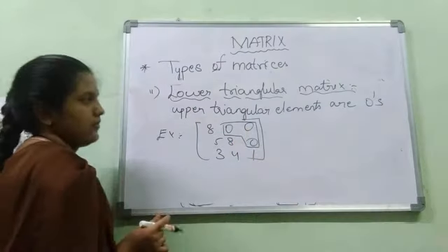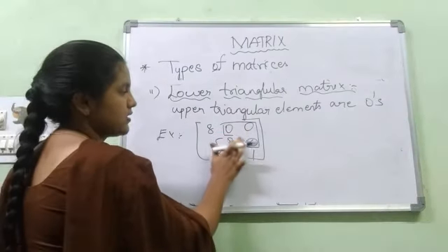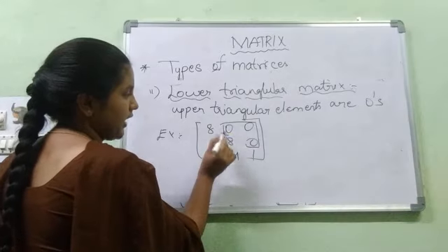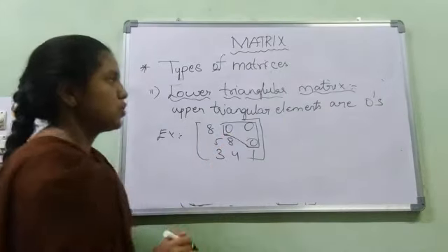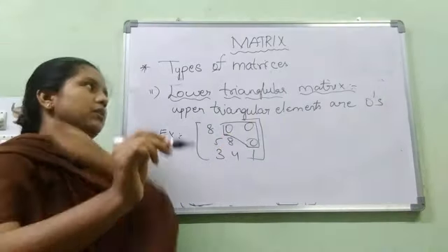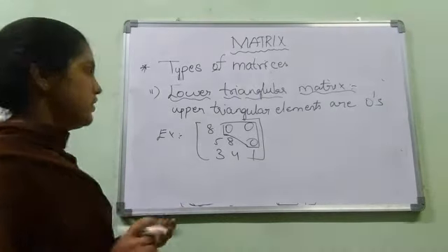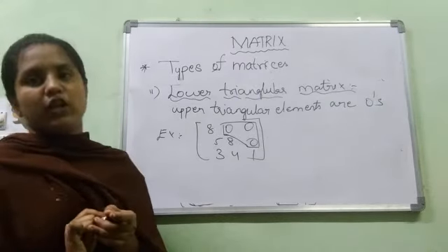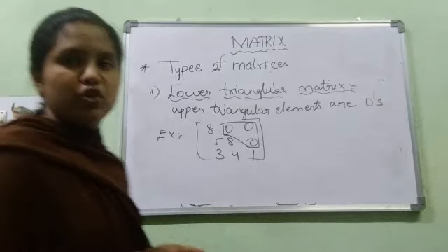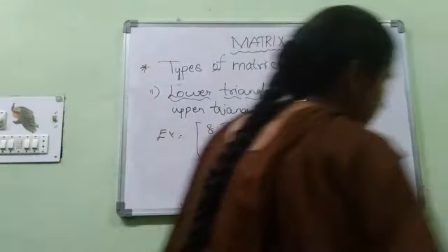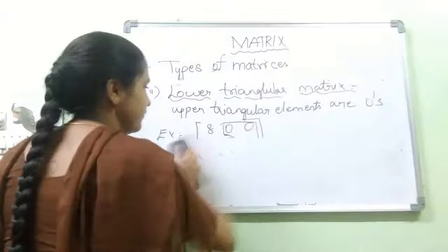So you know, this is the upper triangle. Now you see it is containing zeros. So lower triangular matrix is one in which the upper triangular elements contain zeros. So note this down. These are the total types of matrices. Totally there are 11.